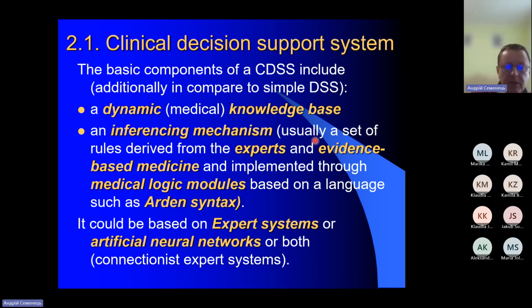So let's summarize this point. Basic components of conventional CDSS consist of a dynamic knowledge base, which contains all these predefined rules about diagnostics, and the inferencing mechanism, which is the second significant part, a set of rules derived from evidence-based medicine and implemented through medical logic modules.